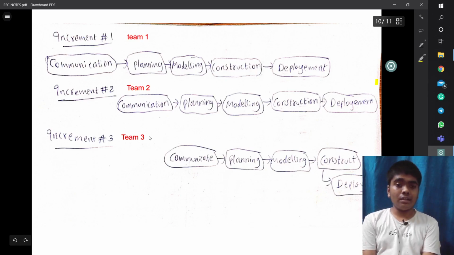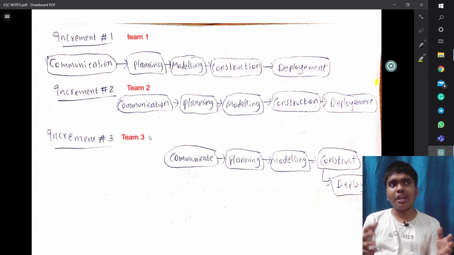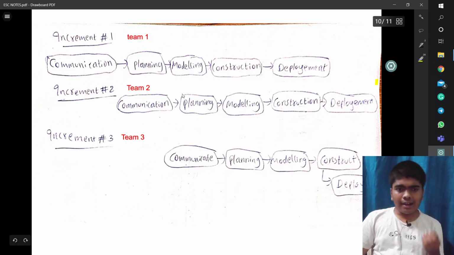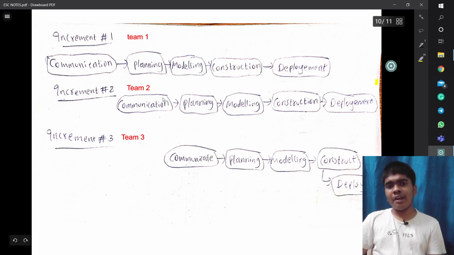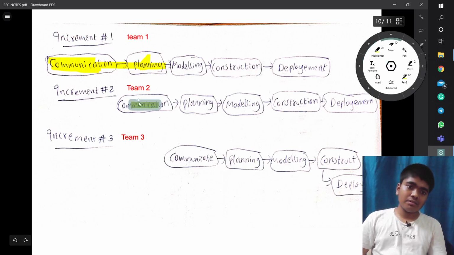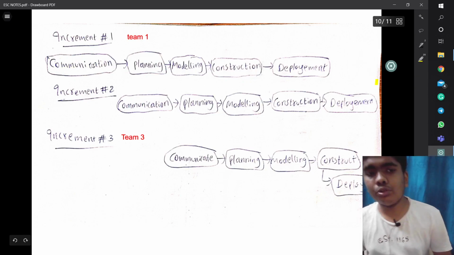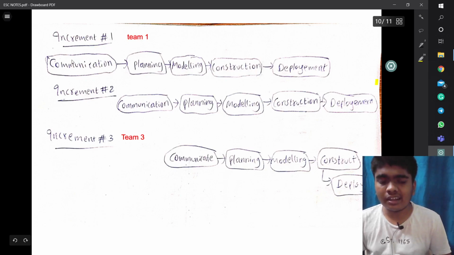If a new product is launched into a market and we send 3 teams into 3 different streets, we can't say that one person at one house will start communicating with the customer while at the same time team 2 goes to the planning stage. Let us consider that team 1 went into one house and started the communication.